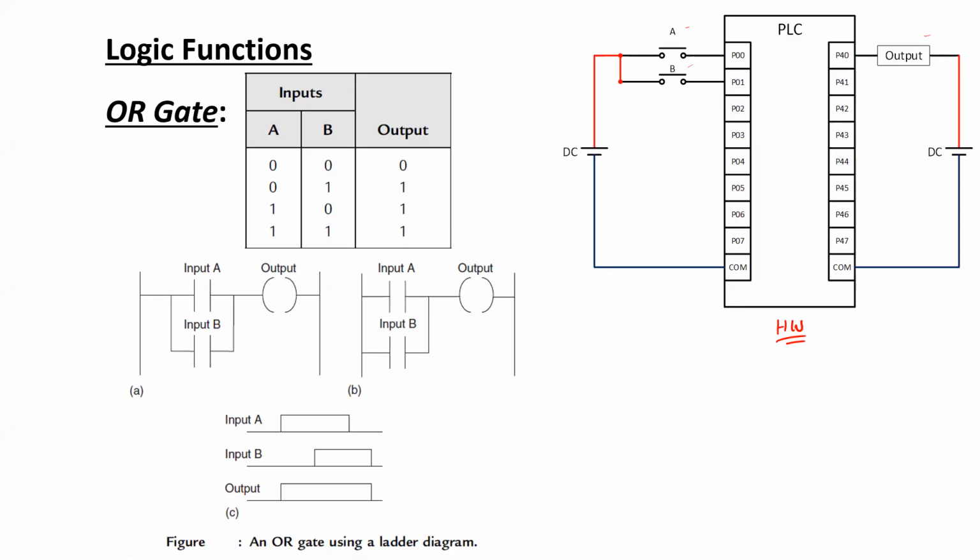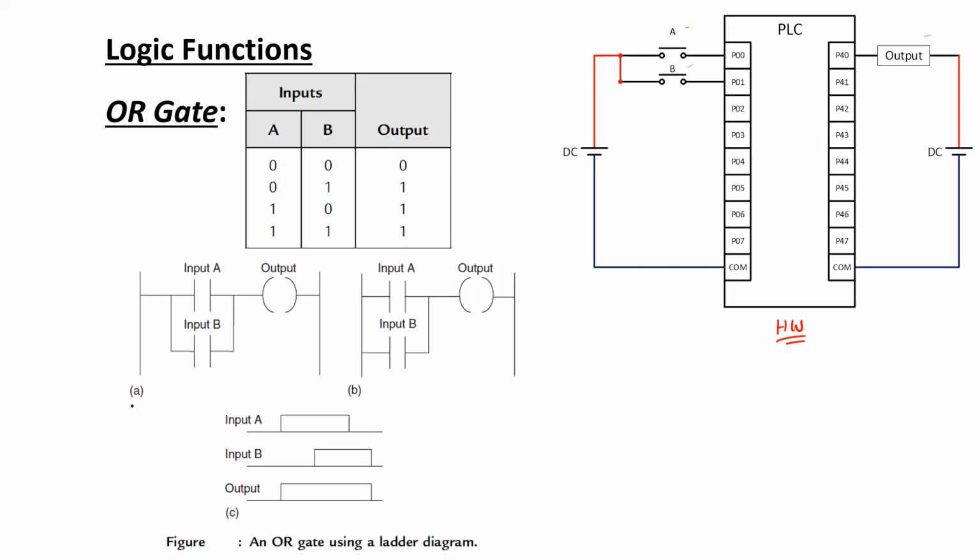But in order to change from AND logic to OR logic, the only change has to be done in the software, I mean in the form of the change in the ladder diagram.